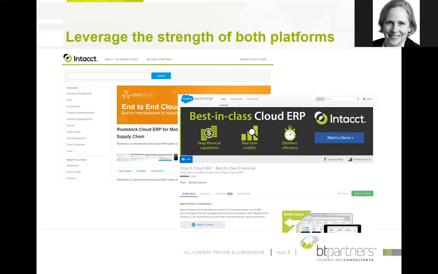And to me, one of the great strengths is the AppExchange and the marketplace with Intacct, that you have ways to expand both Rootstock and the Intacct integration to other partners as it makes sense for that particular solution, for that particular prospect, because now you have, I think, upwards of 3,000 apps on the AppExchange for Salesforce and many other complementary apps on the Intacct platform.